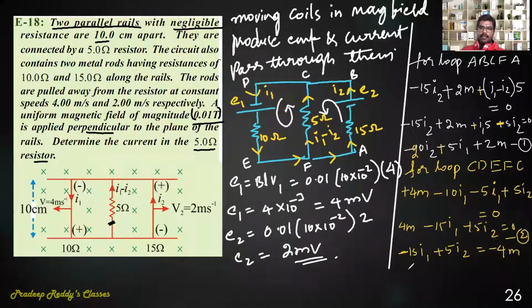So plus 5 I1 minus 20 I2 is equal to minus 2 milli. You need to solve these two equations so that you will get I1 and I2. This is like we are using Kirchhoff laws and we are solving the problem. We are calculating currents in the circuit.